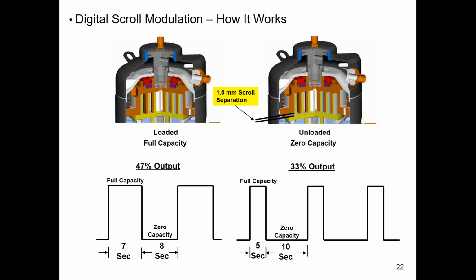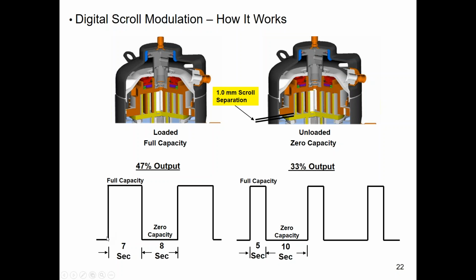And what we do electronically is, of course, we're looking at multiple things: saturated suction temperatures, pressures, discharge pressures, temperatures, number of condenser fans running. We look at the whole picture of how the machine's performing, and then we unload the compressor for further capacity in increments. So it's how long it's unloaded, how long it's loaded.